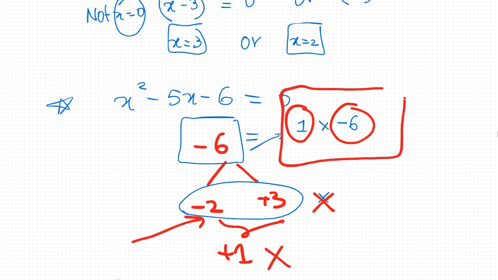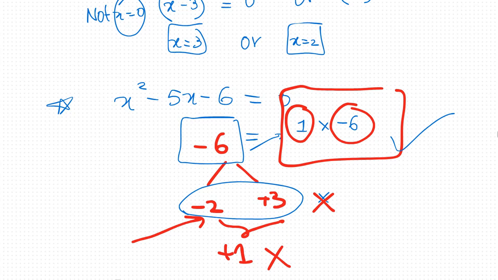What is so special about 1 into -6? When you add that, it is -5, correct? So this pair, we have to accept. 1 into -6 is the one which we are looking for.